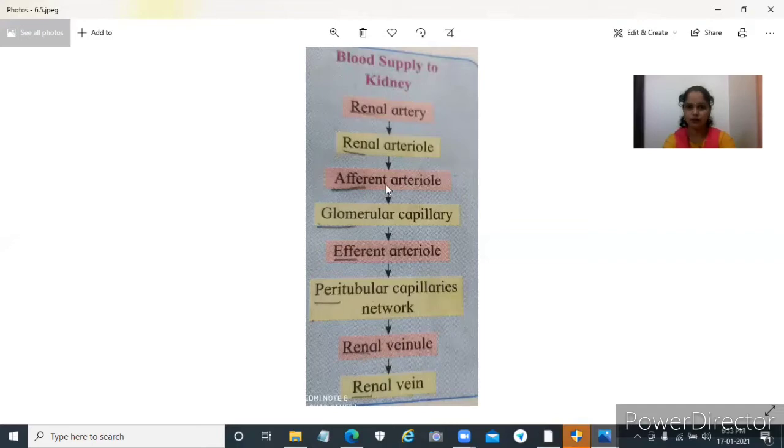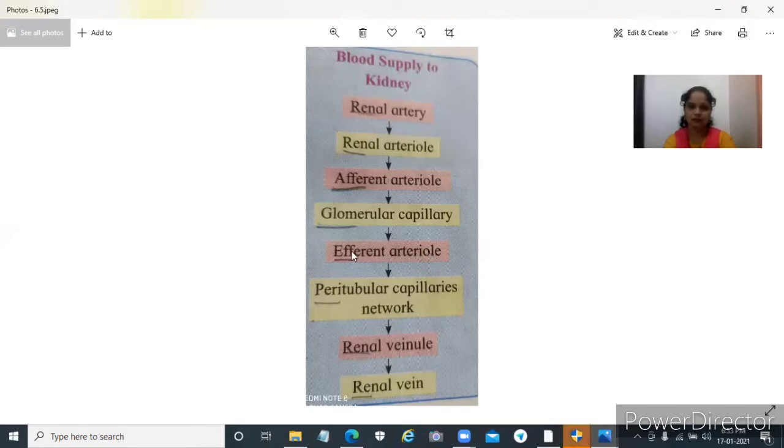Now the afferent arteriole makes a capillary network of globular structure, that's the glomerular capillary. This glomerular capillary joins again to form the efferent arteriole, which leaves the Bowman's capsule.